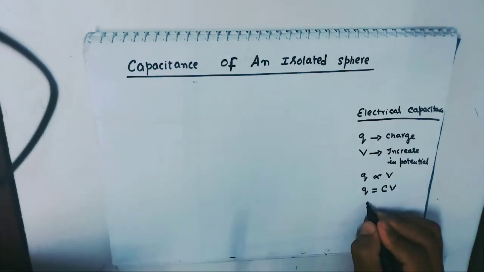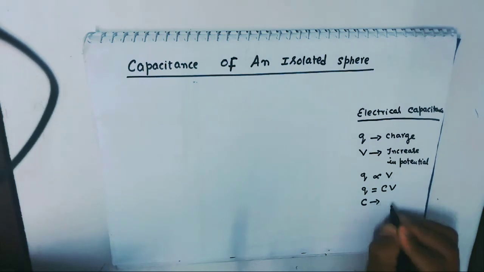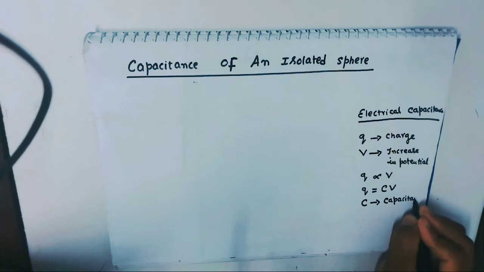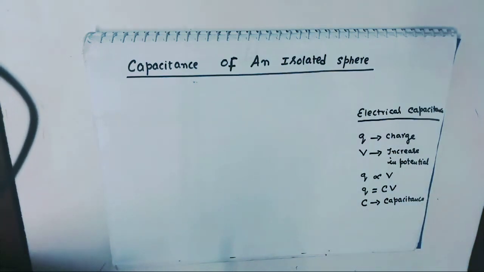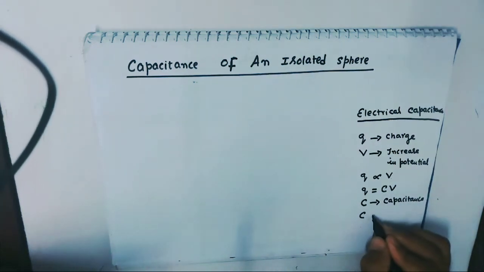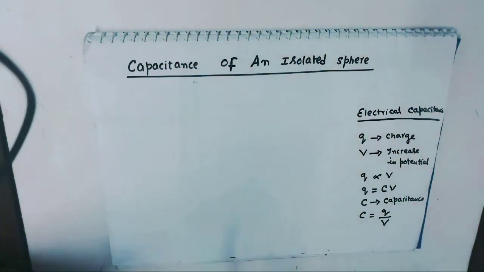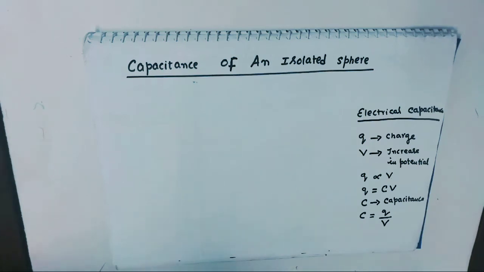Here C is called the capacitance. So from here we can write C equal Q divided by V. It should be noted that the capacitance of a conductor depends upon the shape and dimensions of the conductor.